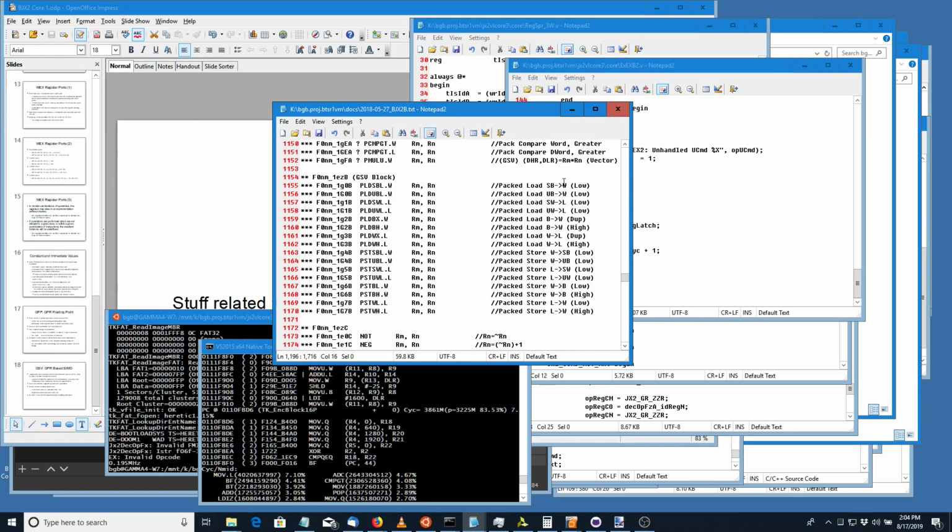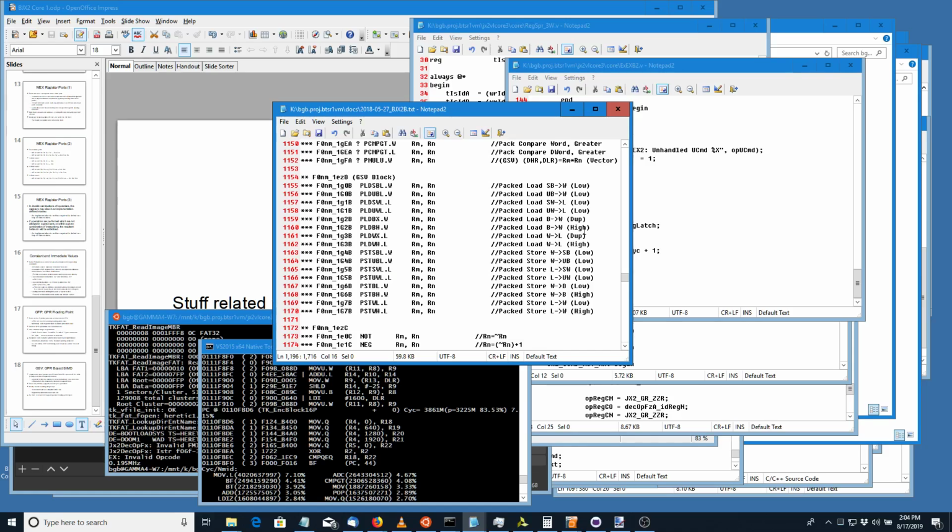So what these do is sign or zero extend byte to words, word to double word, like keeping them in the low position. Then you can also convert byte to word or word to double word with duplication of the value twice, or just keeping it in high position and copying zeros into the low bits.